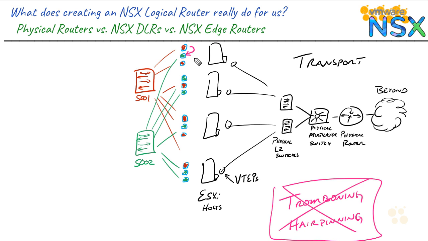But we could add another NSX component to provide that functionality. And the object that we're going to add is what's called a DLR, a distributed logical router. That DLR can have interfaces in one or more VXLANs. Because it's distributed in the same way that each of our ESXi hosts has a little bitty 5001 switch built into it and a VXLAN 5002 switch built into it, because they're in the same transport zone, they're also going to now share a distributed logical router.